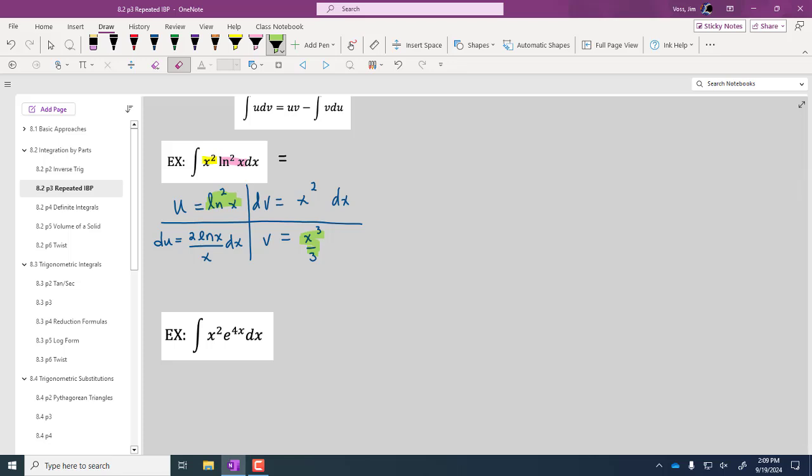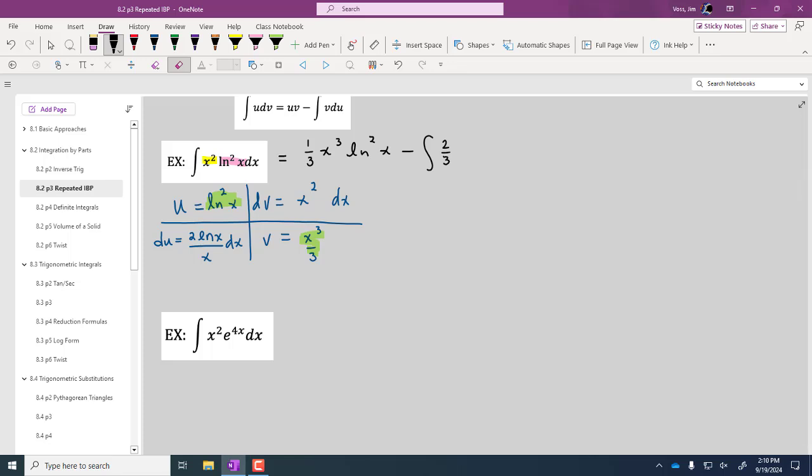So we will have 1/3 times x cubed times natural log squared of x. That's u times v, minus the integral of the bottom row, the voodoo. Voodoo is the bottom row. So we multiply this together. The constants, I see a 2 in the top, a 3 in the bottom, so there's going to be a 2/3 as the constant. You can pull it right to the front of the integral if you want.